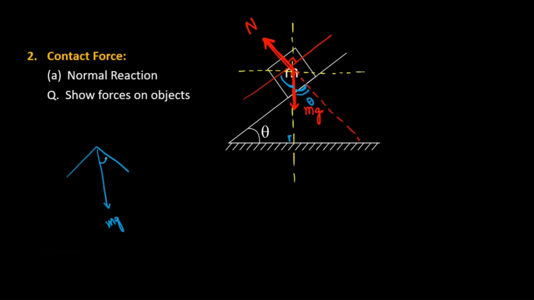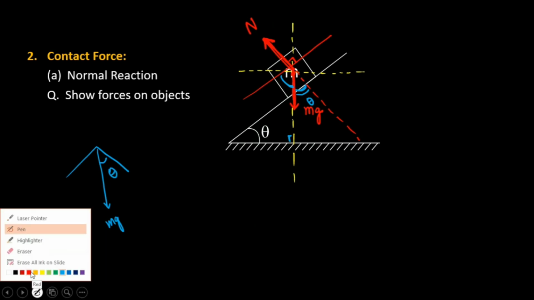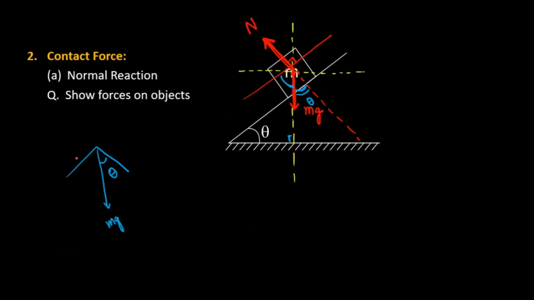This is mg. This is theta. In the earlier classes we talked about how components are given. Just remember, whatever component is along theta is going to be the cos component, so it is going to be mg cos theta. The component away from theta is simply called mg sin theta.